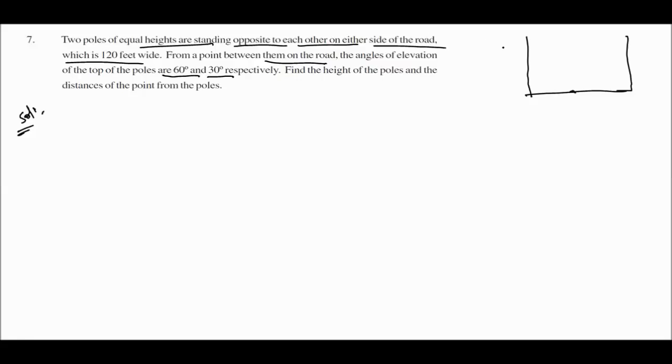So one is 60 and the other is 30. The total distance is 120 feet.